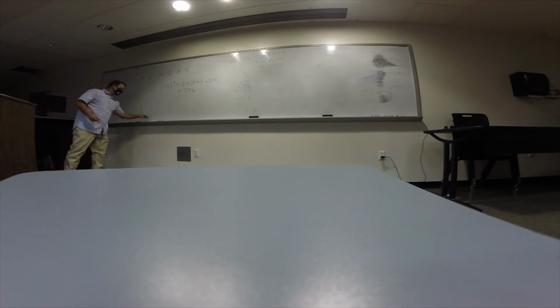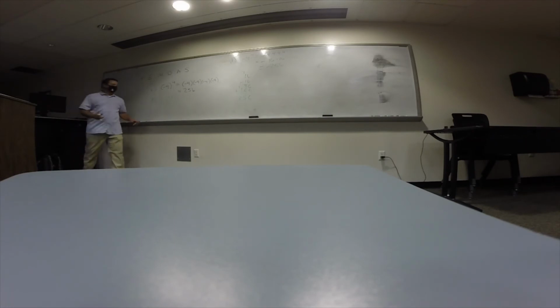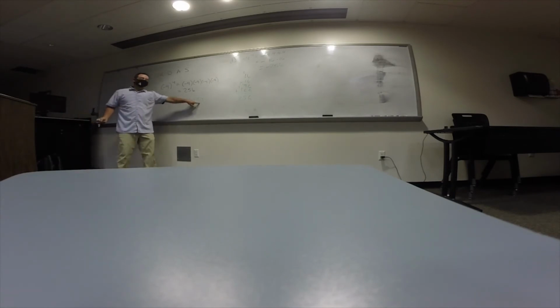What happens with this? So negative 3 to the 3rd. So we got a negative 3 times a negative 3 times a negative 3. This one cancels this negative, right? But I still get left with this one.